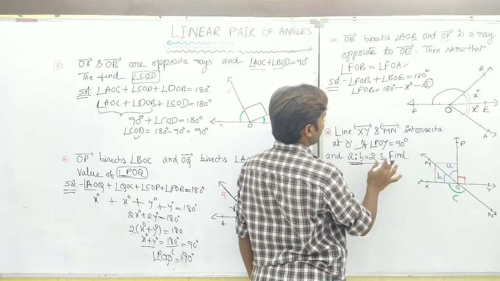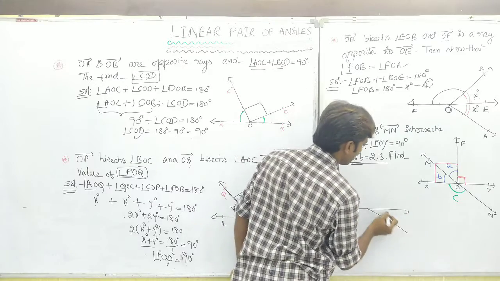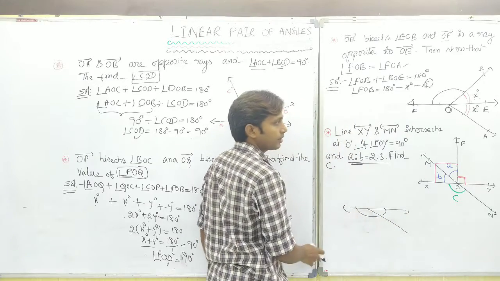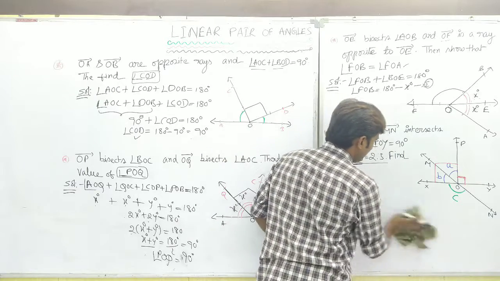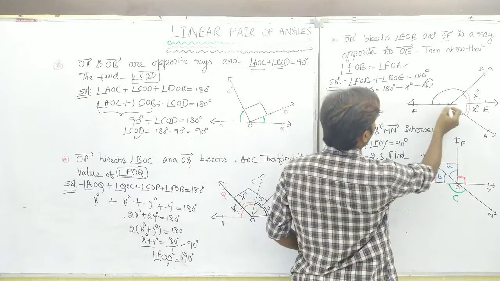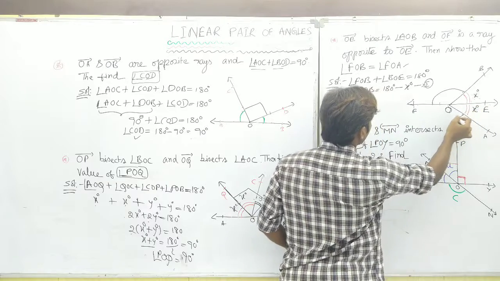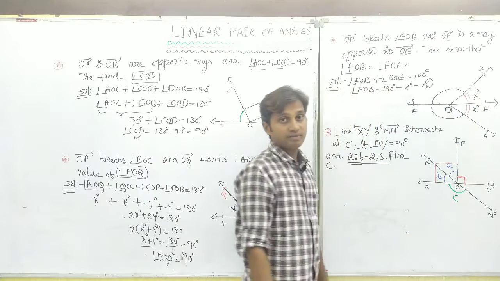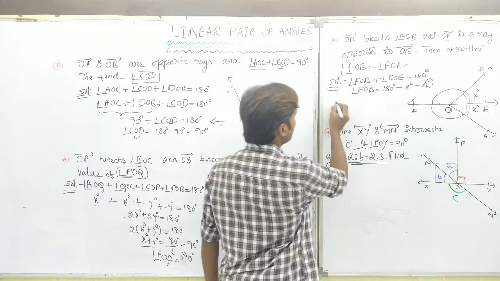And similarly we can write the downside of the straight line also. See here, these two are also a linear pair, or not? So we can write angle FOA plus angle AOE, these two are also equal to 180 degrees. Let me write that.